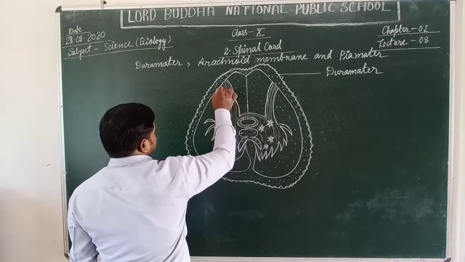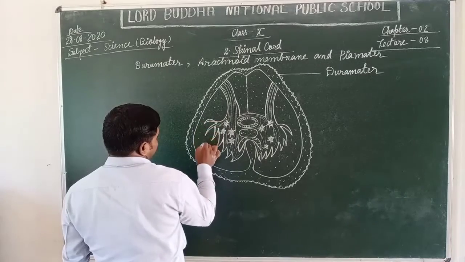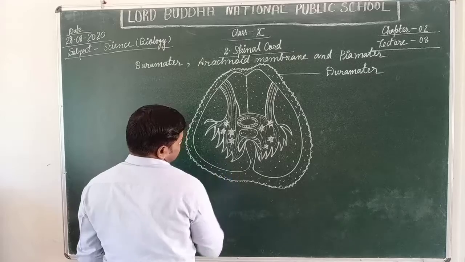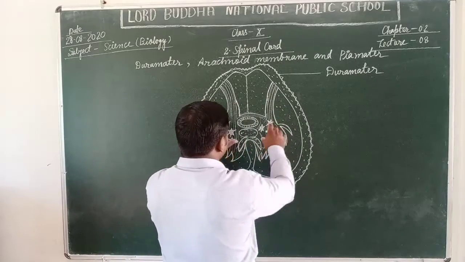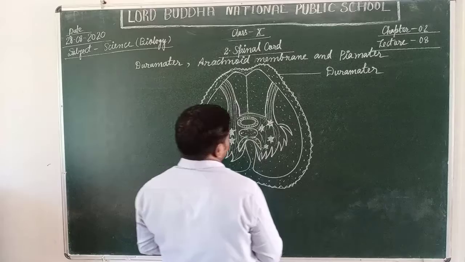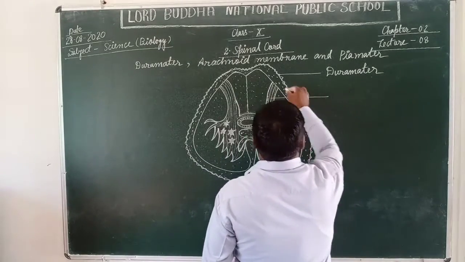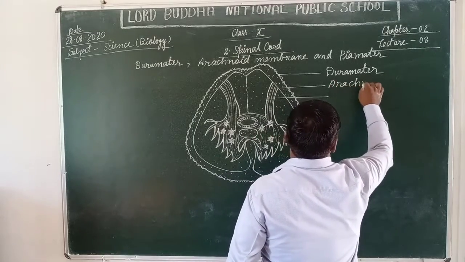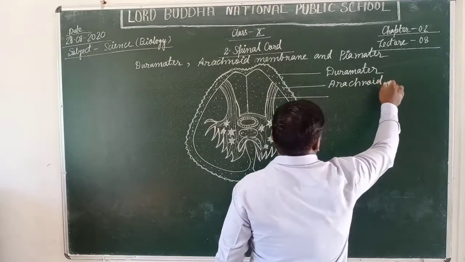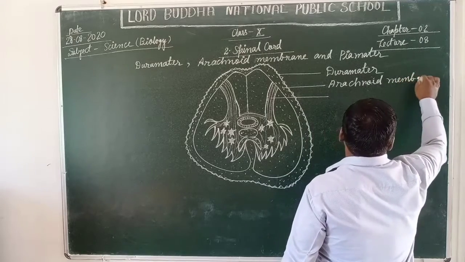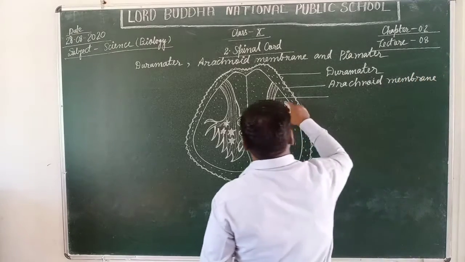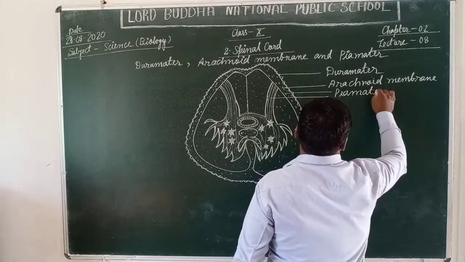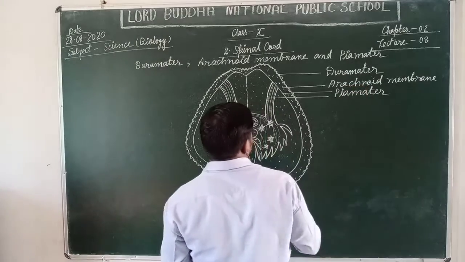The transverse section of the spinal cord appears as a butterfly shaped structure. Its ventral and dorsal horns look like a butterfly shape. This is the middle membrane, that is the arachnoid membrane, and this innermost layer is called pia mater.